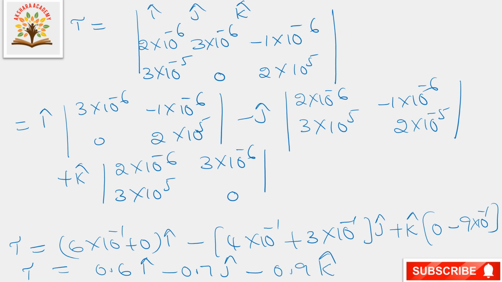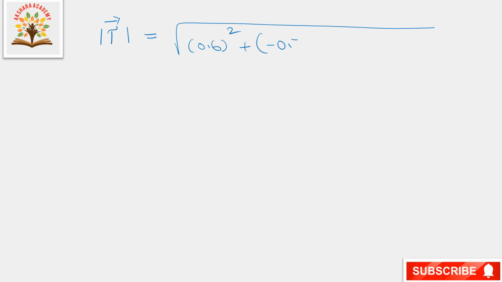Okay, now we have to calculate the modulus of tau bar. So that is equal to root of 0.6 whole square plus minus 0.7 whole square plus minus 0.9 whole square.